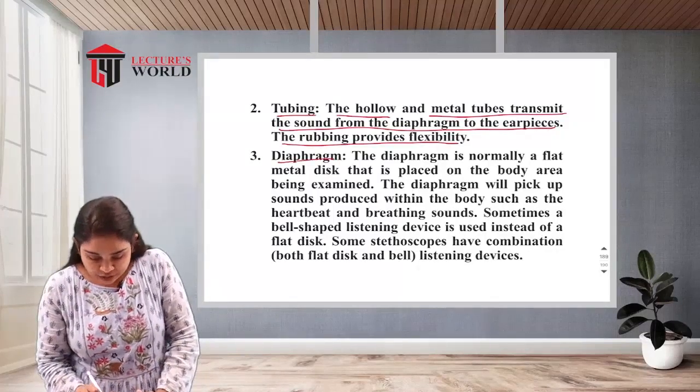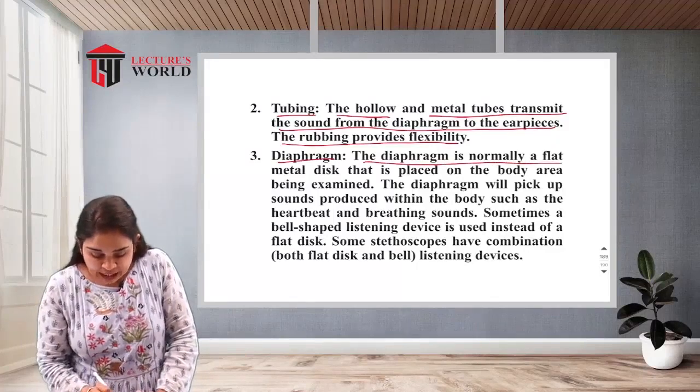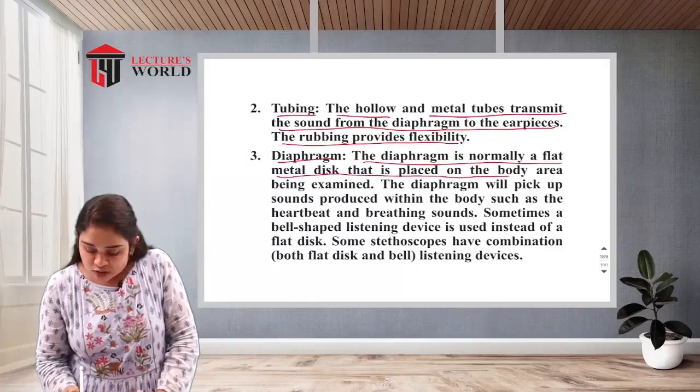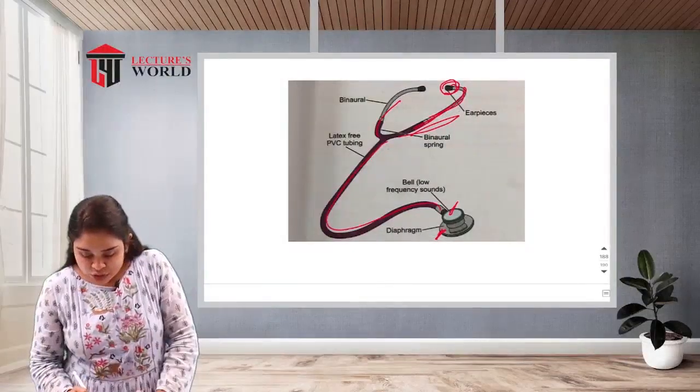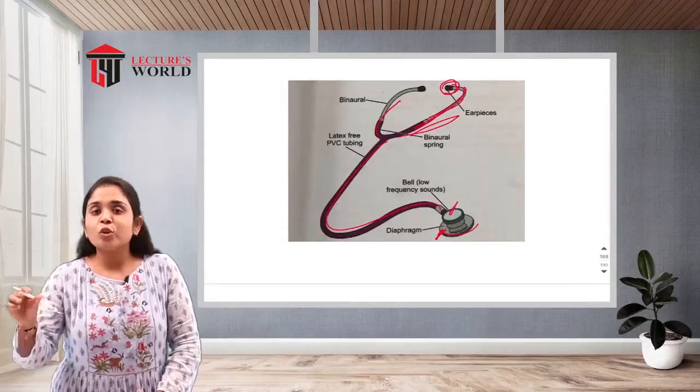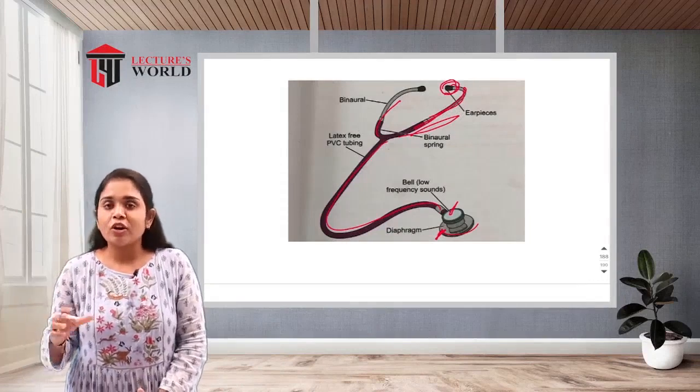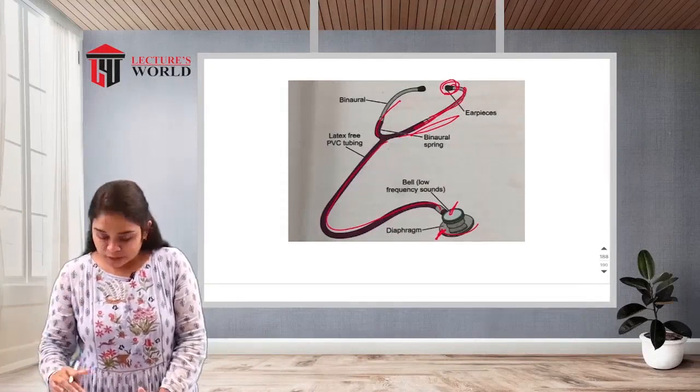Then the diaphragm is normally a flat metal disc that is placed on the body area being examined. Here you can see this is the diaphragm. This part we are going to place over the skin of the patient, or the area which we are going to assess.